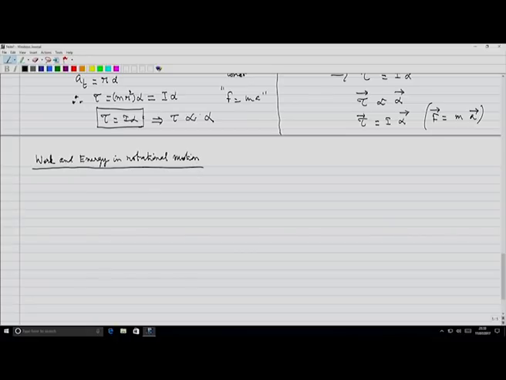Okay. What is the definition of torque? Torque is defined as r cross F. What about the dimensions of torque? It has that of work or energy.